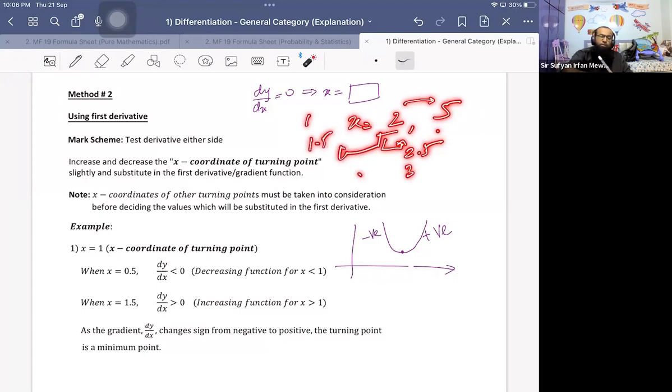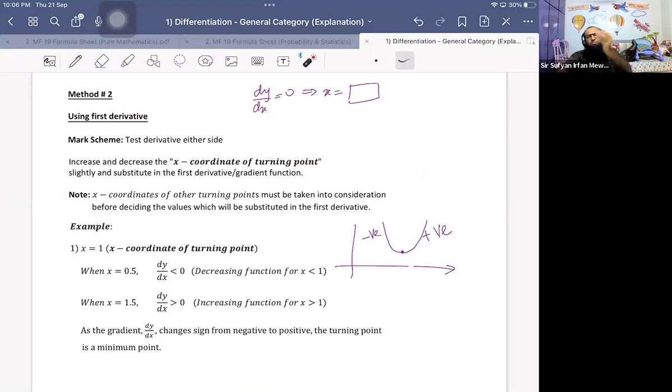But before 2, because there is no other turning point, even if we take a much lower value, that will also work. But after 2, because there is a turning point already there, we have to stay within the limits 2 and 5, so that the nature of this turning point, which has the x coordinate 2, is determined. So slightly would rather mean you increase it by 0.5 and decrease it by 0.5, which usually works.